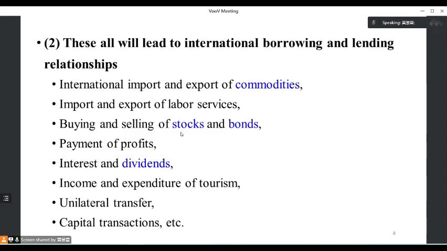Buying and selling of stocks and bonds. Payments of profits, interest and dividends. Income and expenditure of tourism. Unilateral transfer, capital transactions, etc.